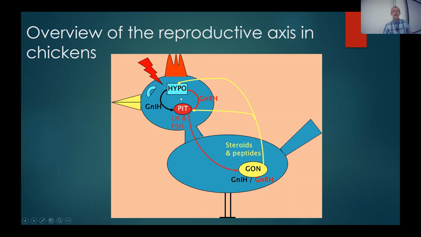Now, being the integration center, the hypothalamus receives all the information from outside, so the environmental cues, and those correspond to photoperiod, so change in the duration of daytime, but also will integrate internal signals from within the bird that will let the brain know whether that bird is actually ready to enter lay or not.